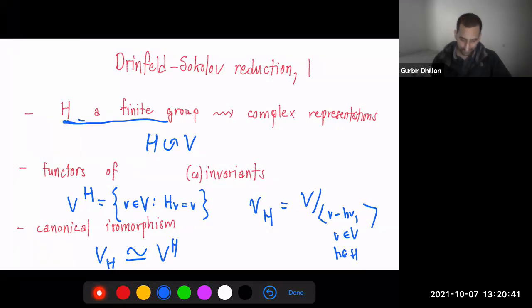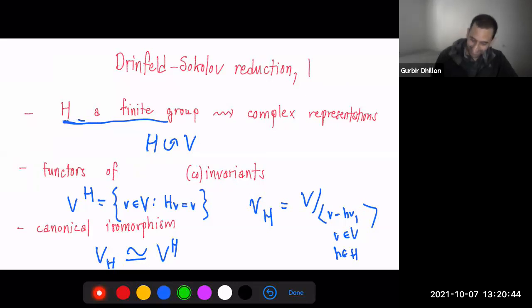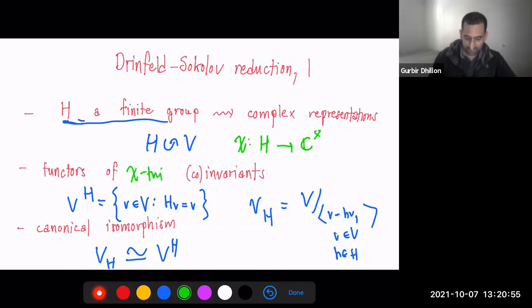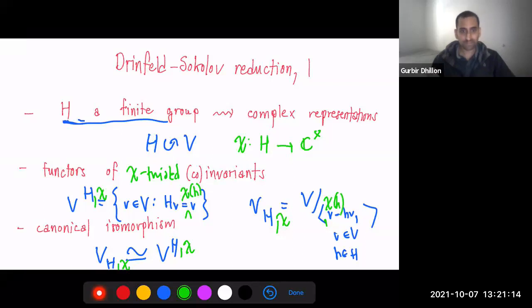Okay, and so some silly variation that will be important for us is, if you also turn on a character, then you can make sense of twisted co-invariants, where now you take things which don't transform under the trivial representation, but under this character. And even when you turn on the character, everything just holds, just with a twist. Okay, so that's for a finite group.